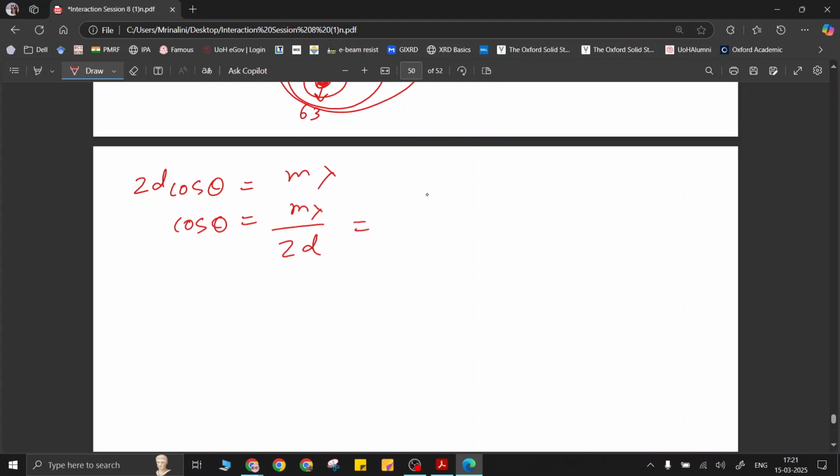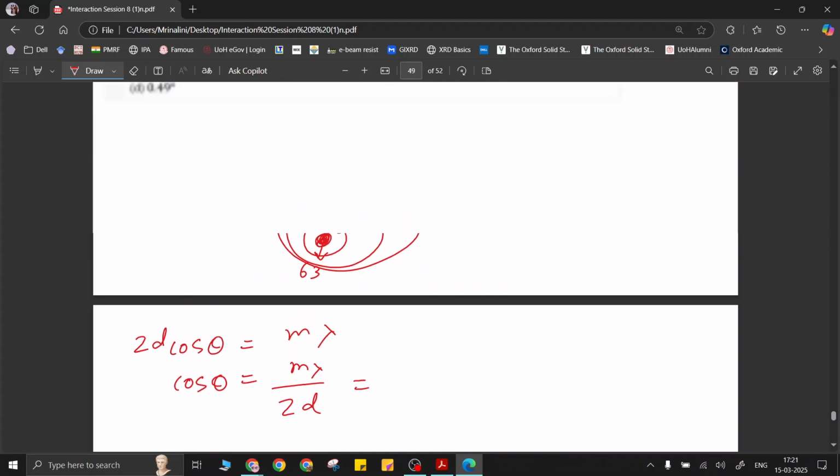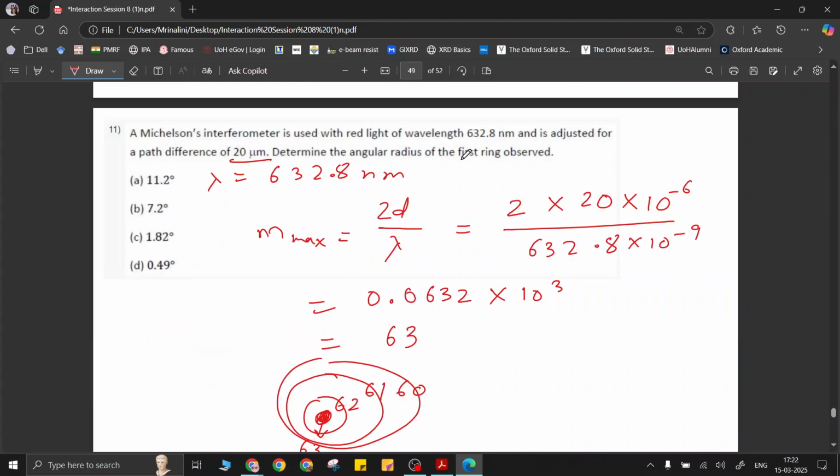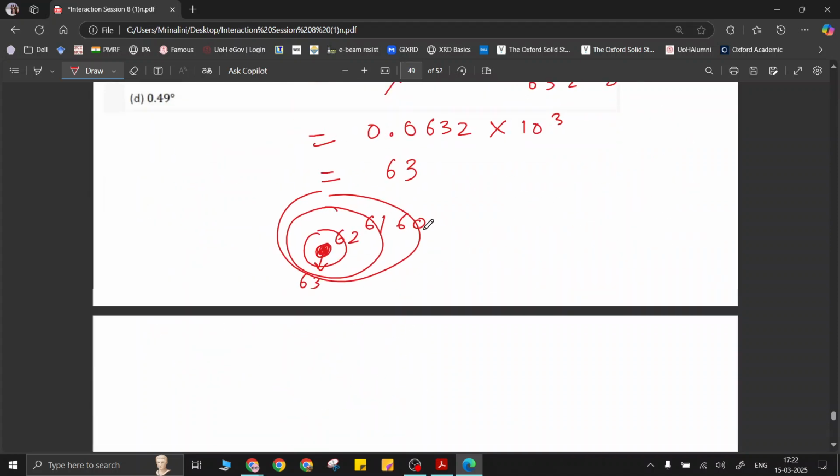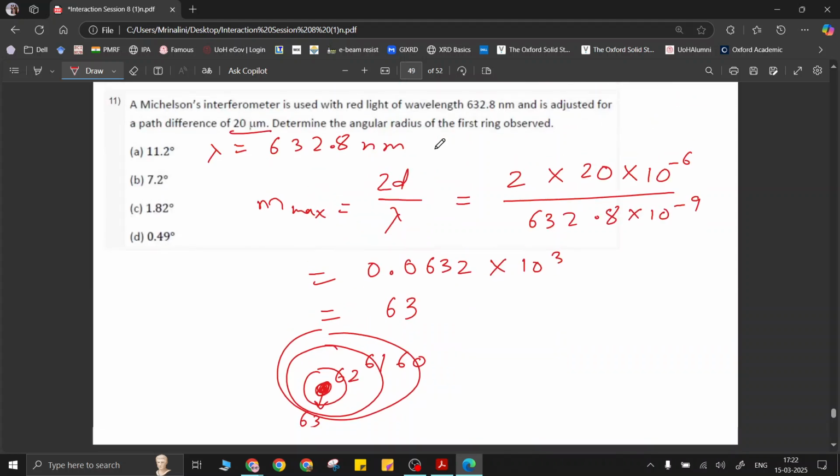Now m is for the first ring. The maximum order we can see with this d and lambda is 63, meaning the center is 63. The first ring, this is not a ring, it is this disc-like thing.